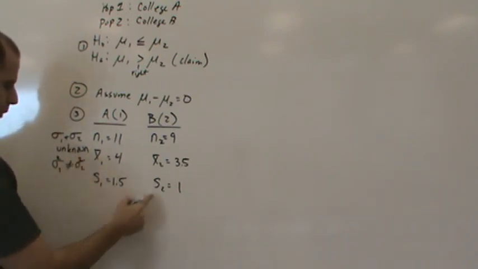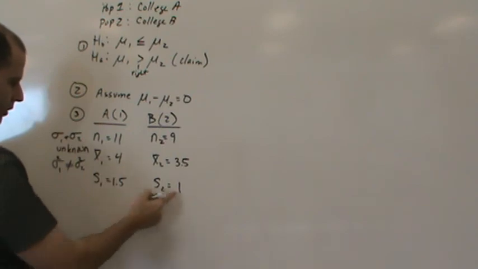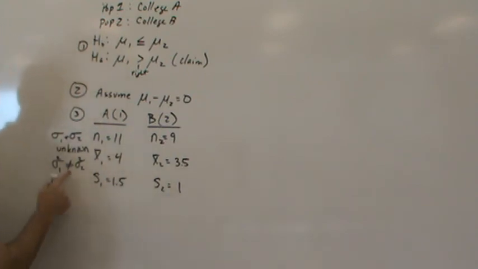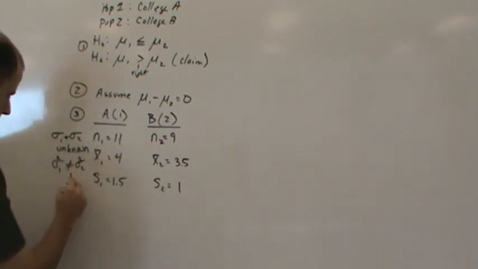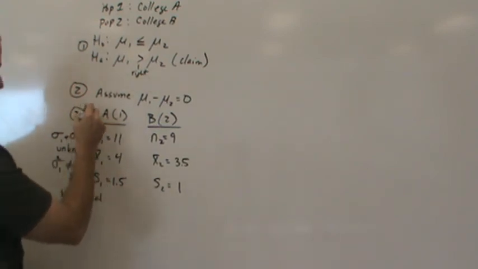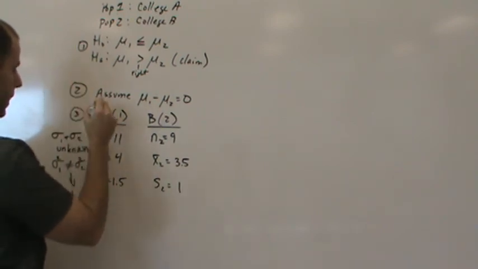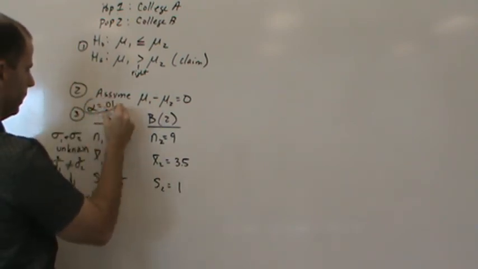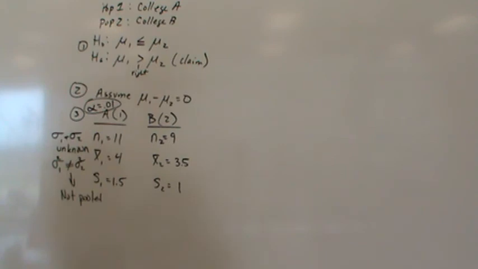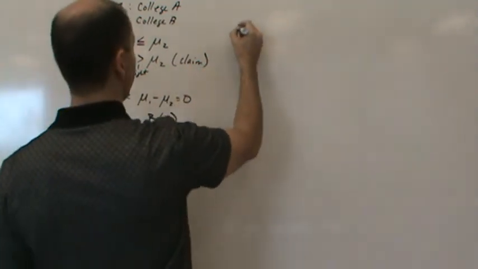And if you look at the sample standard deviations, they're not the same either. So we're not going to pool. Oh, by the way, we need our alpha level. What's the alpha level? This time it's 0.01, 1%. So our alpha level is 0.01. Can't forget that. Okay, so now let's go to step 4.